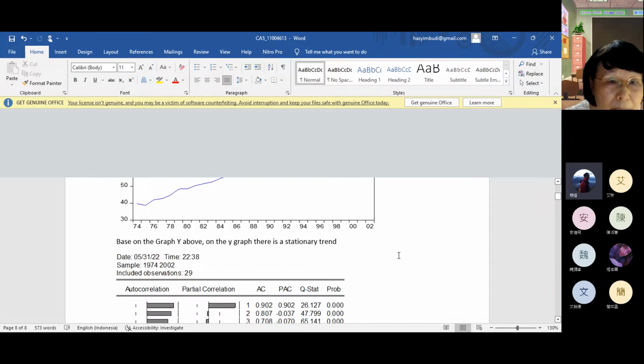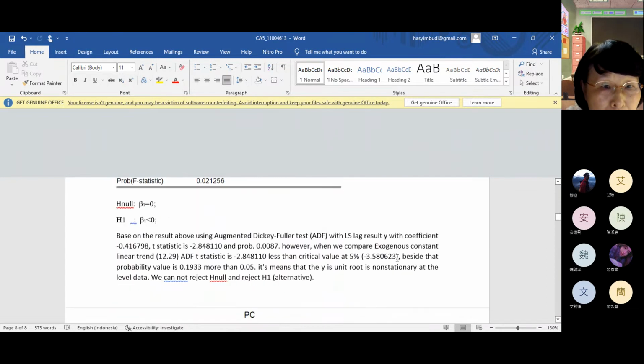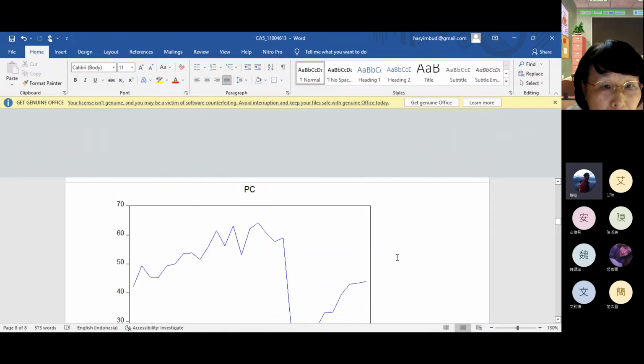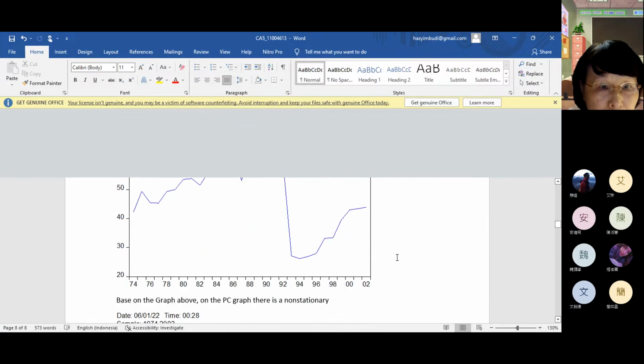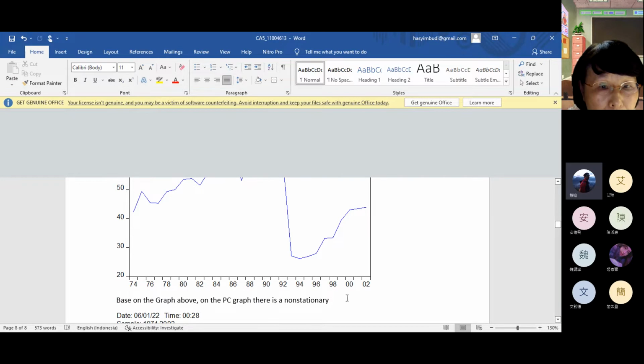All right, let's see the rest of the variables. Okay, and VC. Based on the graph, I indicate this is non-stationary.